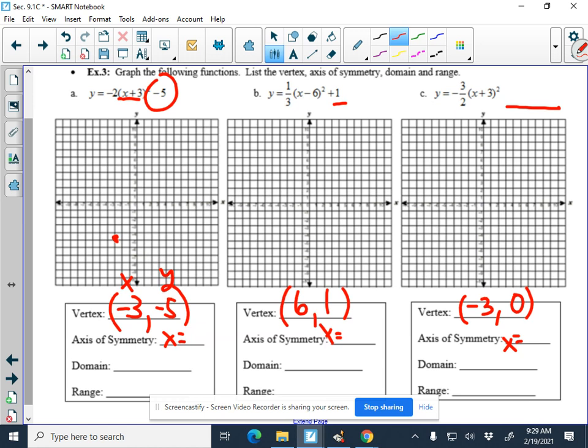So what is it here in the first one? -3. What is it here? What is it here? Not 0. Okay. What's the domain for all of them?